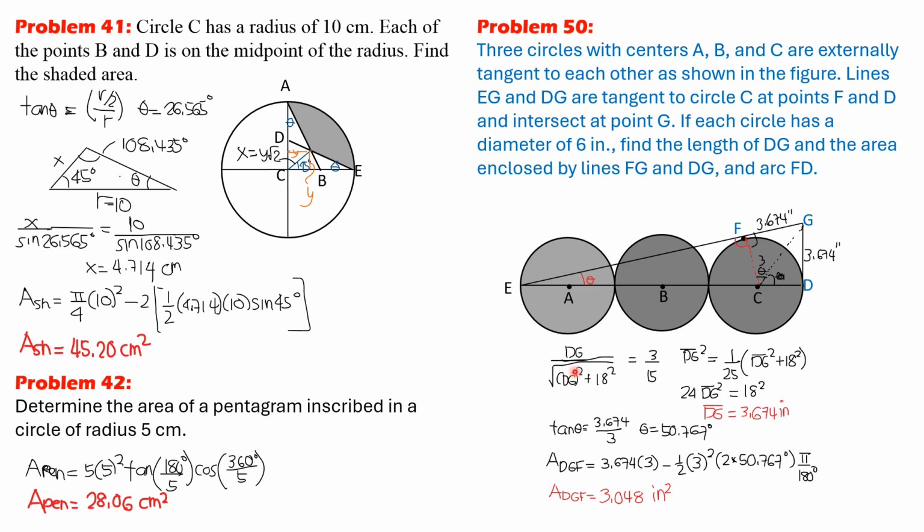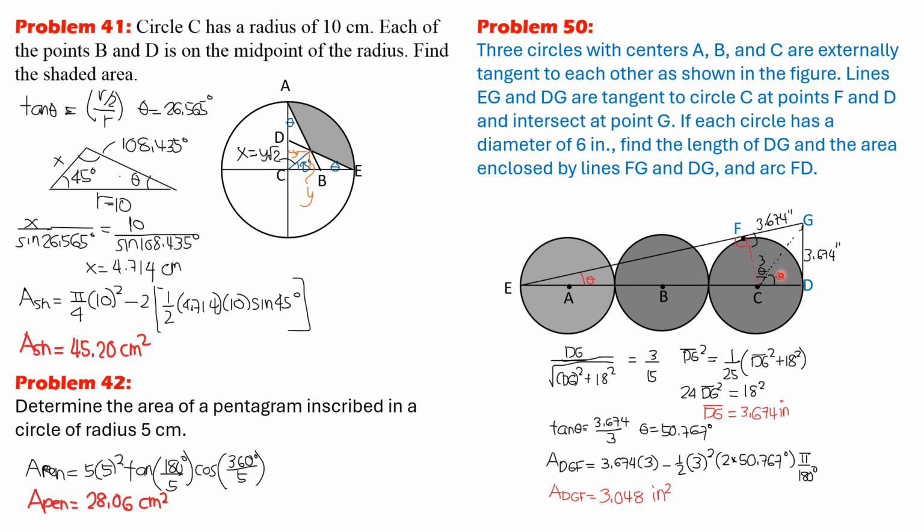Squaring both sides, DG squared over the hypotenuse squared equals 3 over 15, which is 1/5, and 1/5 squared is 1 over 25, so it's now free of radical. So 25 DG squared minus DG squared equals 24 DG squared, and what is left there is 18 squared. Solving for DG, it is 3.674 inches.